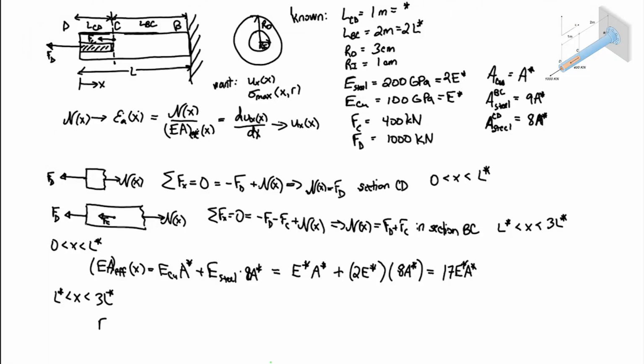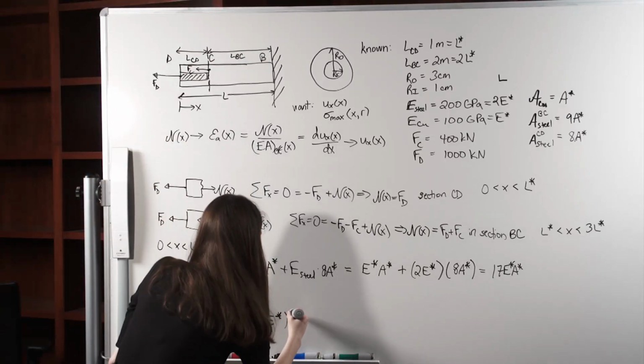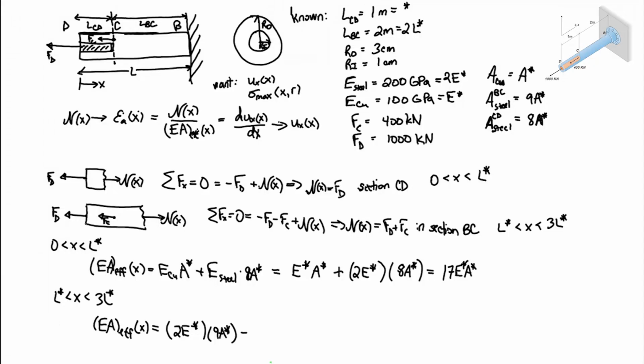Then we have that our EA effective of x is equal to E steel, which is 2E star, times the area of steel in this section, which is just 9A star. And so this is just 18E star A star, right? Okay, so now we have everything we need to calculate the strain.